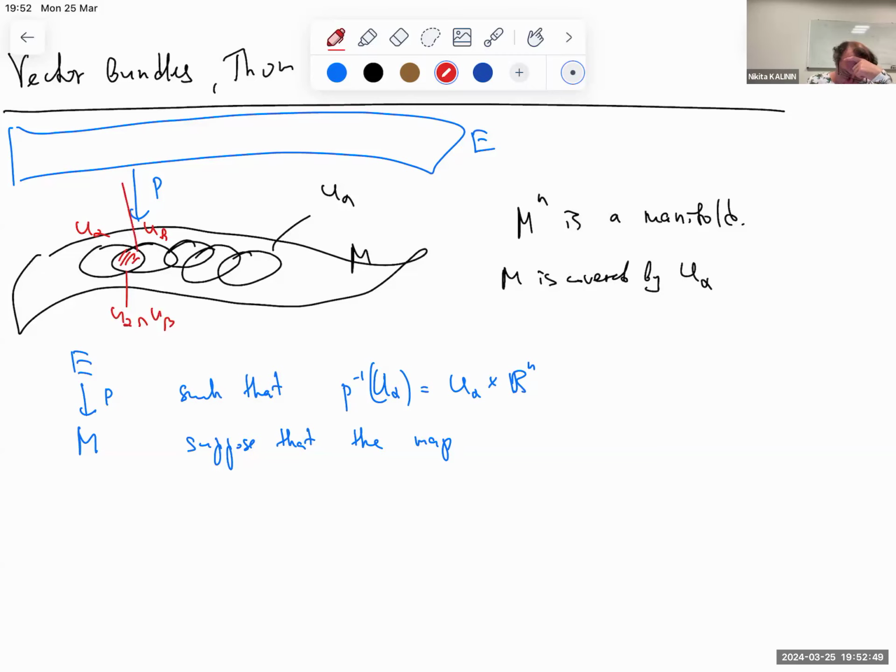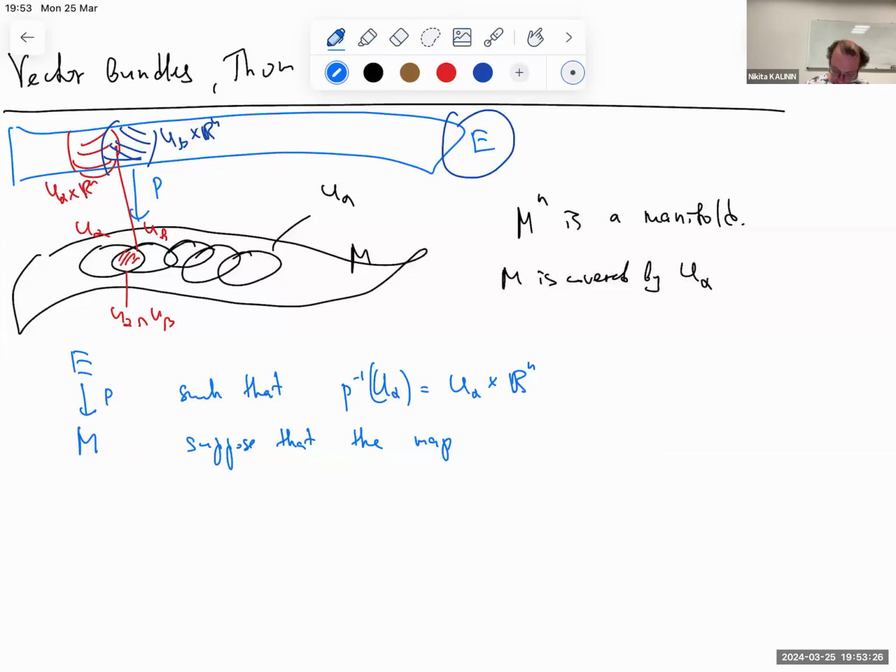Then you have two preimages: one inside U alpha cross Rn, and another one in U beta times Rn. You want to say that this change of coordinates inside E is linear.